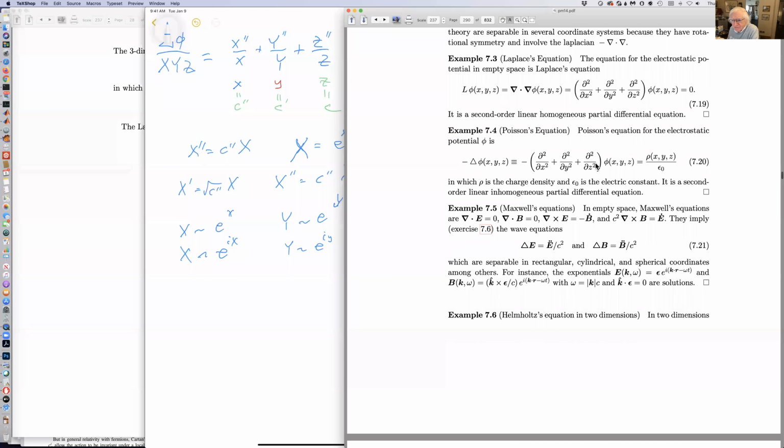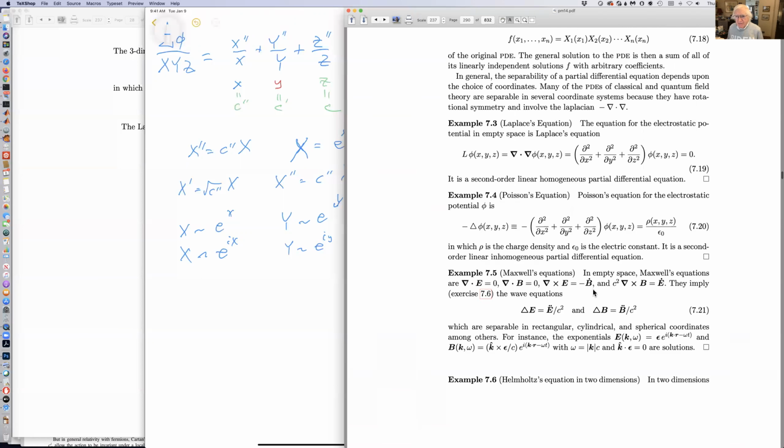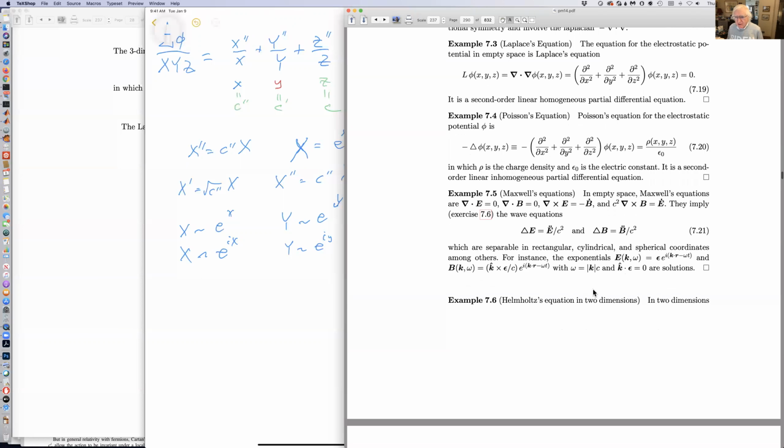And so in this case, what we have is an inhomogeneous differential equation, so it's a little more complicated than that. And it depends upon what rho is and so forth. But you can often separate it if rho has suitable symmetry. One can also use Green's function techniques.